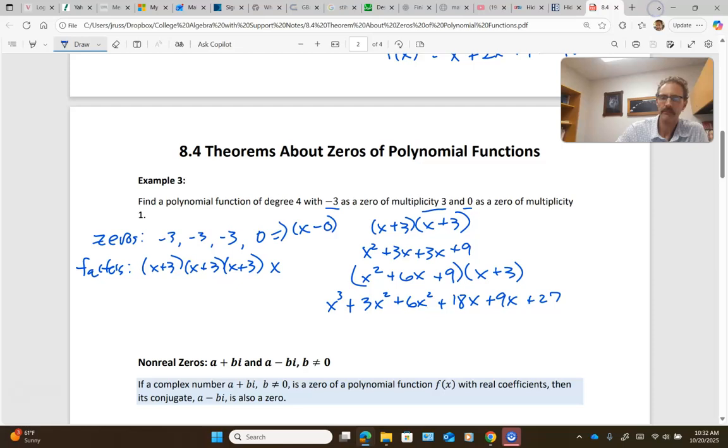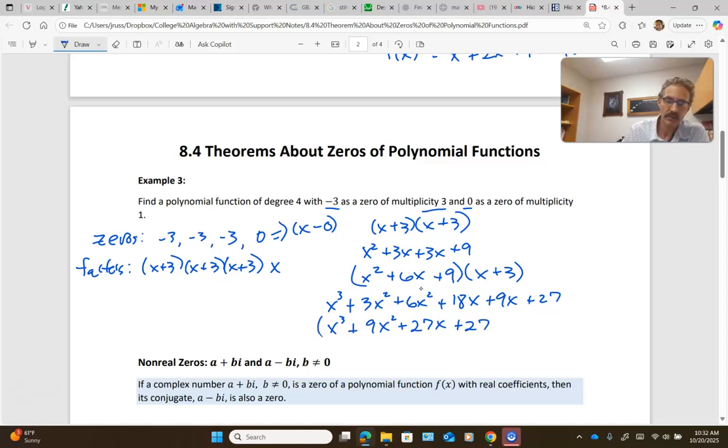And then we'll combine our like terms. We'll have x cubed plus 9x squared. Our two x terms will become 27x. We've got that plus 27 at the end.